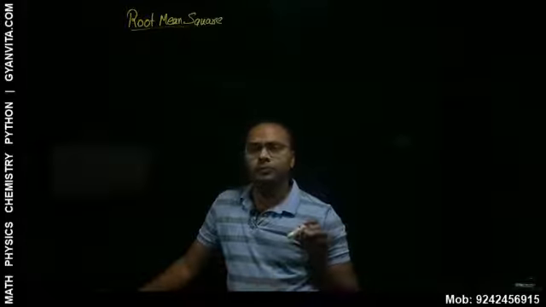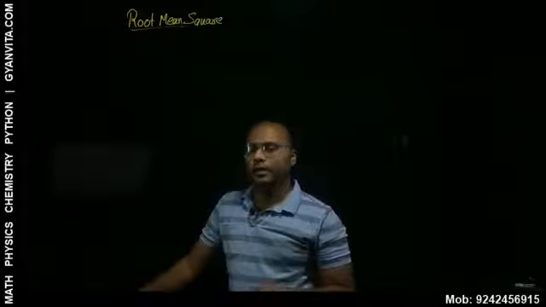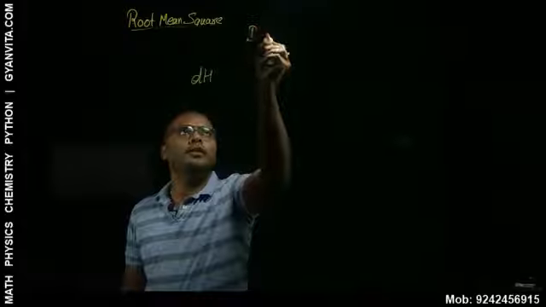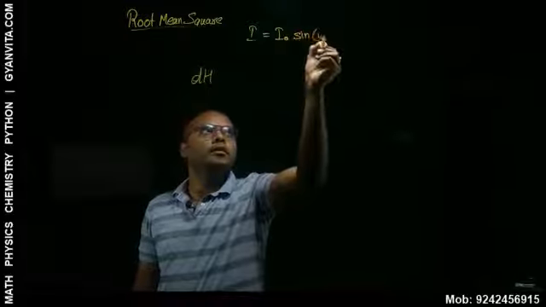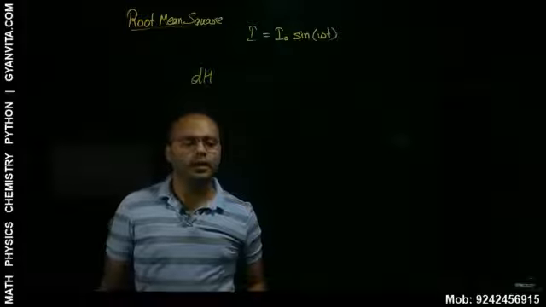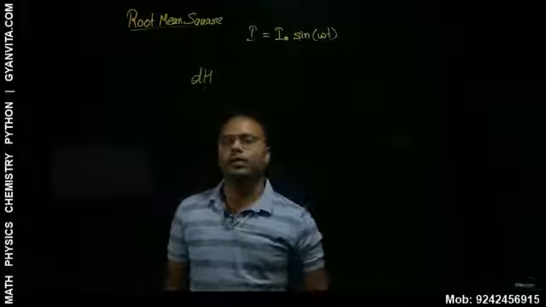Now the heat which will be generated will not be dependent only on time. It will also be dependent on other factors. So we'll see that. What exactly is heat? Suppose the current is I equals I naught sine omega t. This is the current in the circuit.